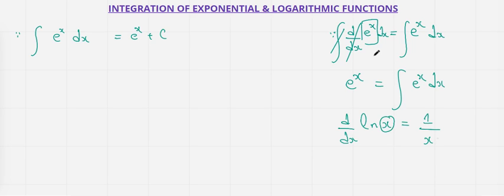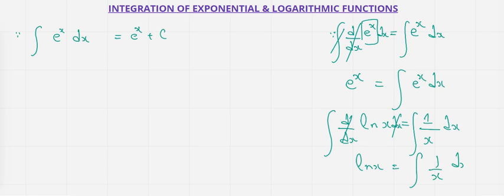Okay, so it's like that. So what is going to be the integral of this 1 upon x? The integral of 1 upon x is definitely ln x or log x itself, right? It's like that.